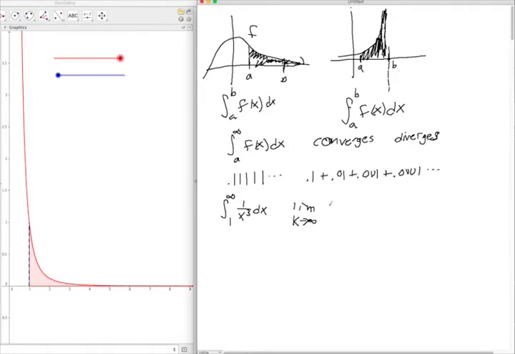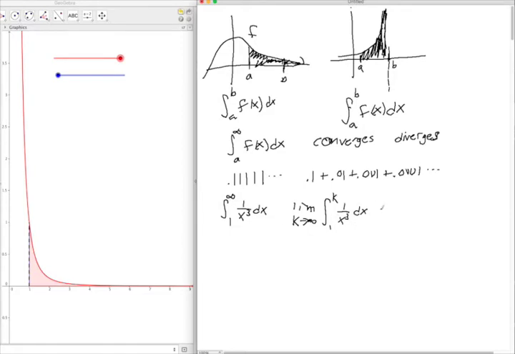You could choose any letter that you want, it doesn't have to be k, of the integral from 1 to k of 1 over x to the third dx. So now what we've done is we replace the infinity with a definite number, so we're going to be able to take the antiderivative, evaluate it at the two bounds, and then take the limit of that. And that's how we get around the infinity problem.